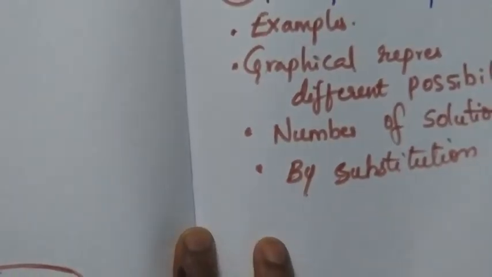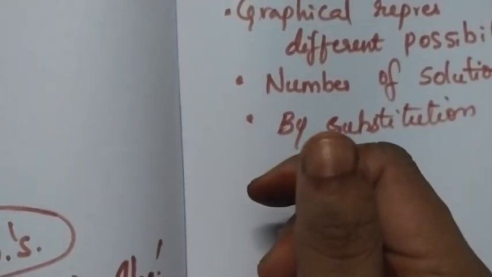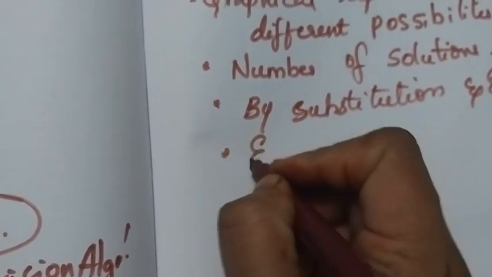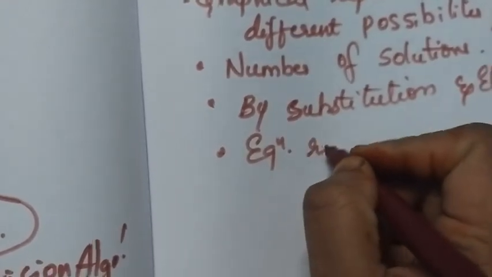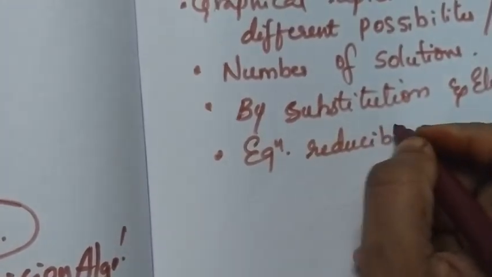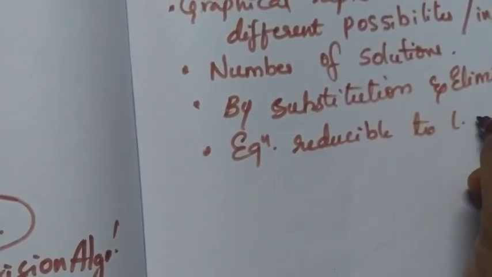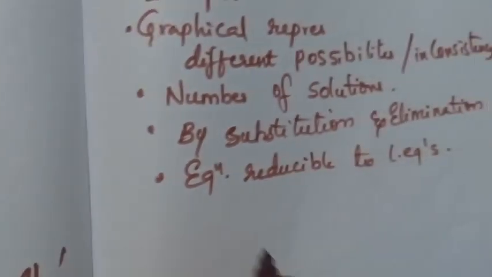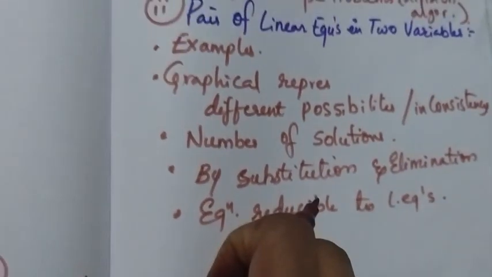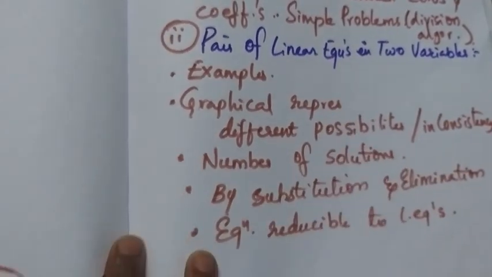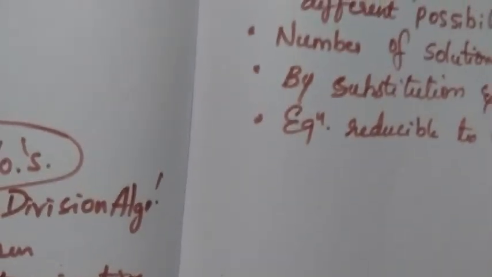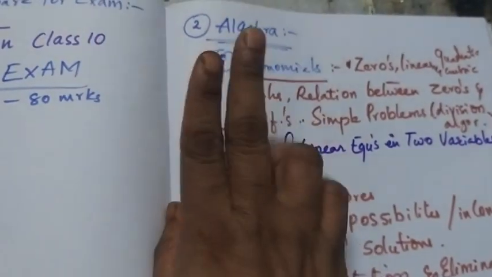Now simple problems, and problems on equations reducible to linear equations. I am writing in short form so that you can cover the total syllabus. These two topics are in algebra.